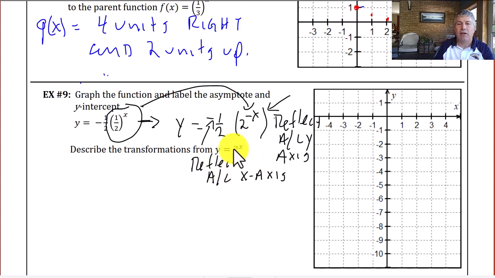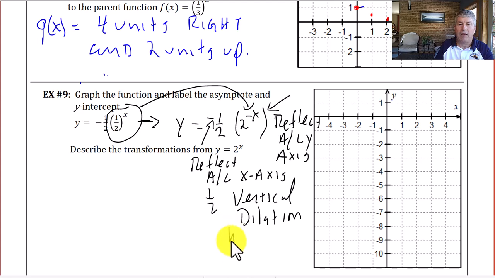And then we have a vertical dilation because we're changing y, so up and down. So the 1/2 is a vertical dilation by a factor of 1/2. So vertical dilation, or a y dilation of 1/2.